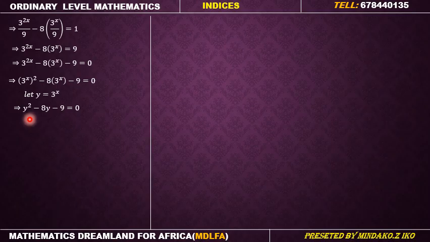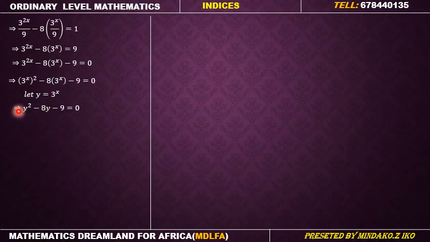Since I've let y be 3 power x, anywhere I see 3 power x, I will just put y there. So I've substituted y here. That is why I have y squared minus 8y minus 9 being equal to 0.